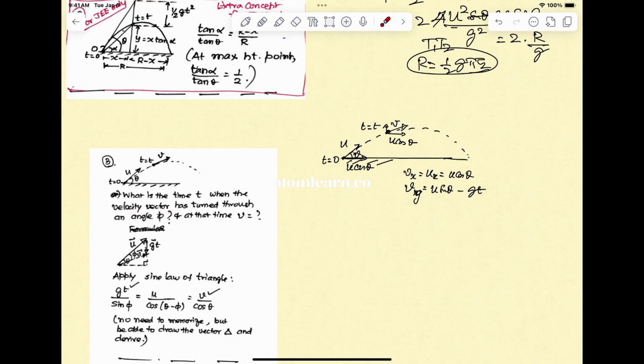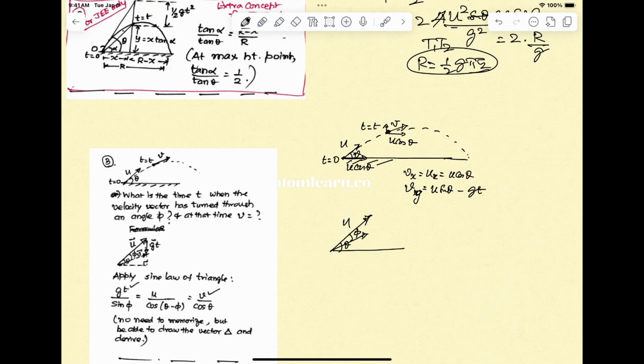The initial angle of projection is theta from the horizontal, so I will draw a bigger vector diagram. This is u, and this angle is theta. Now it has turned through an angle phi, so the v vector is like this, and the angle by which it has come down is phi.